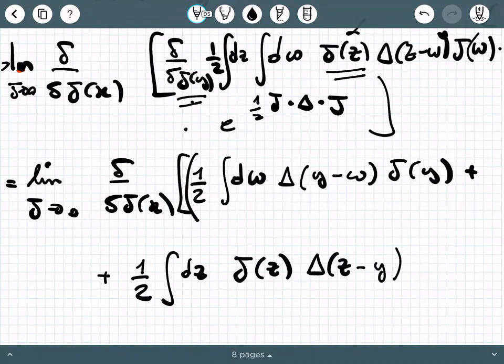Now, it doesn't take much to understand that these two terms are actually one and the only, because the Green's function of my theory is invariant under interchange of x and y, but I don't even need that. Remember, the Green's function is defined as the Green's function of my quadratic operator.